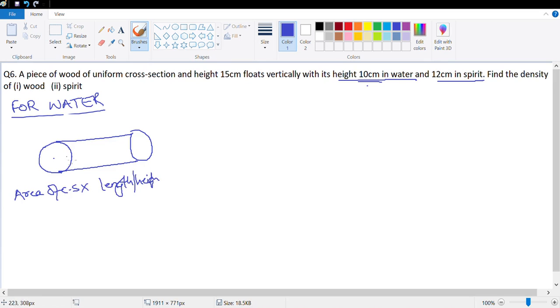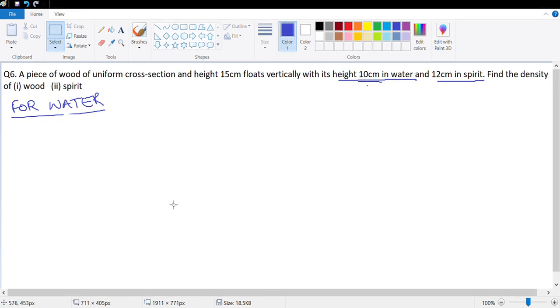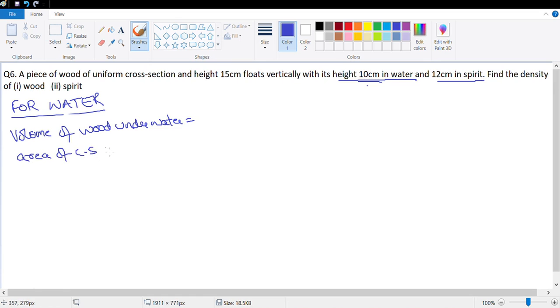If I place it horizontally, it becomes the length. If I place this vertically, it becomes the height. So we know volume of wood under water is equal to area of cross section multiplied with height.